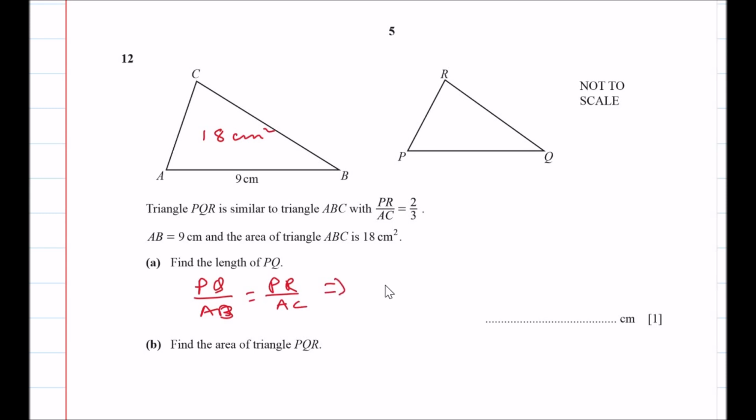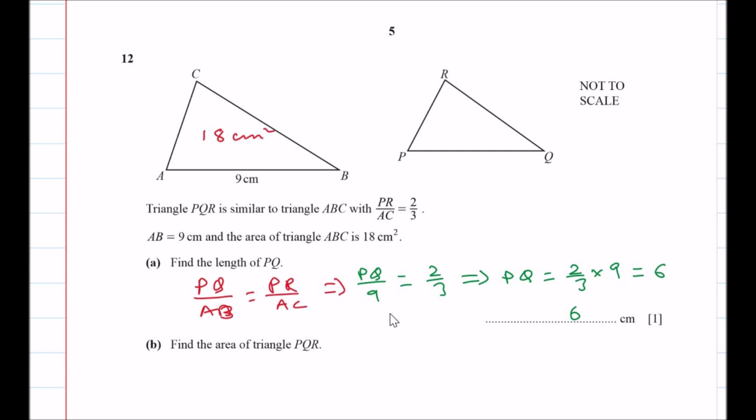This implies PQ, we have to find out. So PQ as it is, AB is 9, and that is equal to PR by AC, given here 2 by 3. This implies that PQ equal to 2 by 3 into 9 and that gives us 6. So the answer is 6 centimeter.